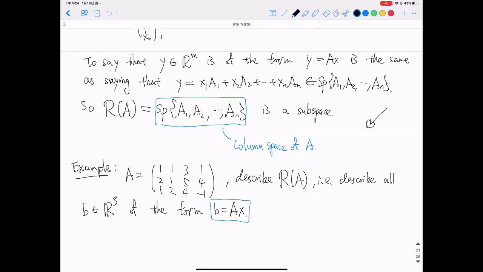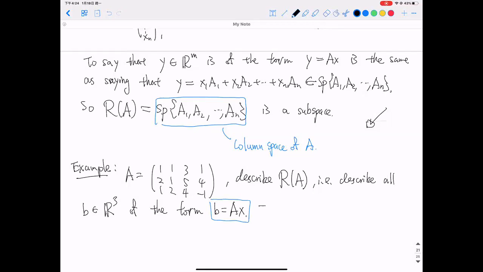We know how to deal with that. But the point of view now is this: we are trying to find the b's so that Ax equals b has a solution.